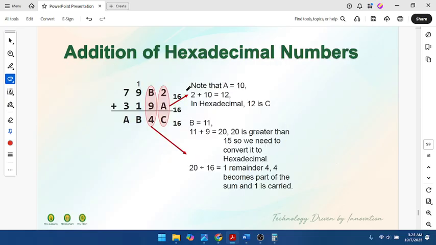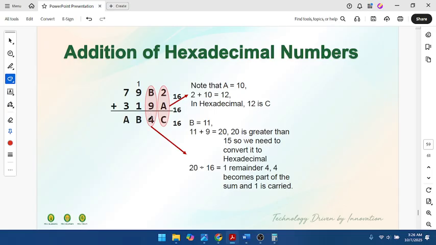Okay. Ayan. So 2 plus 10, we have 12. So kung 12 po siya, C. Okay? So for B plus 9, we have 11 plus 9, we have 20.